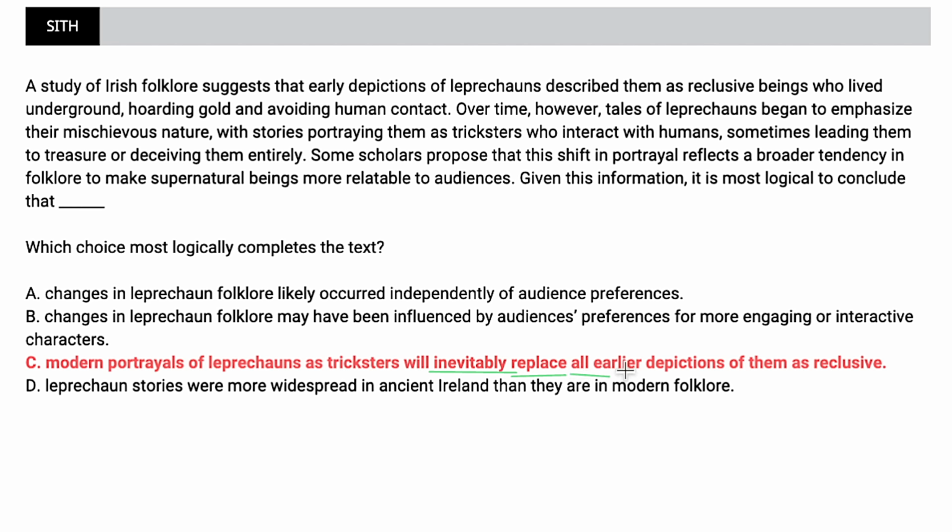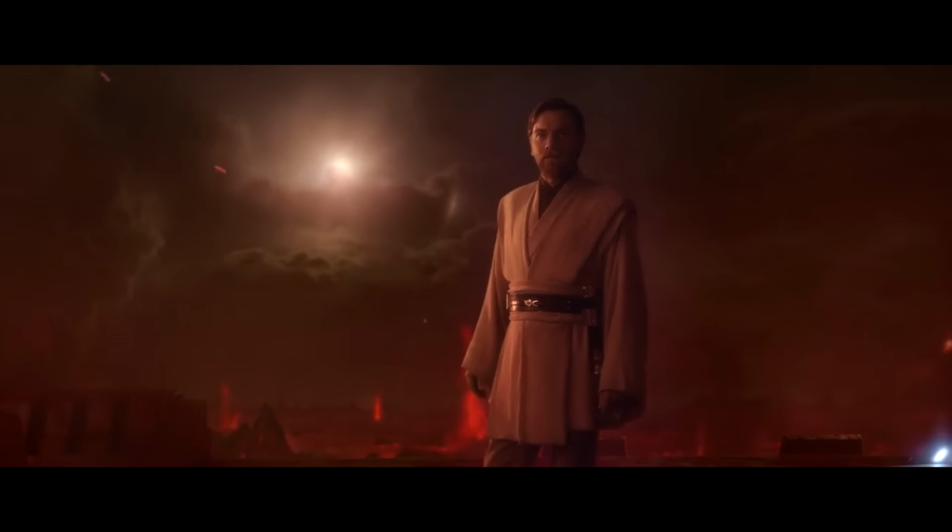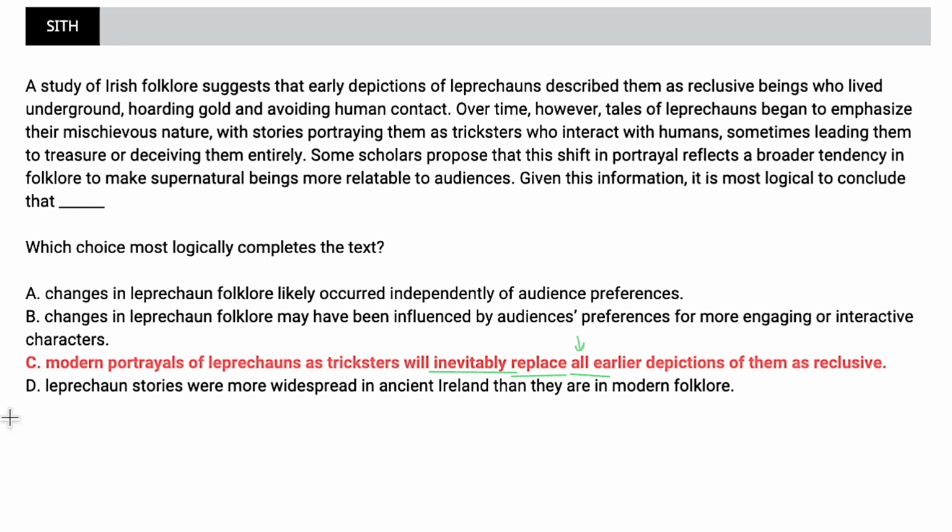If something is inevitable, it means it's going to happen no matter what. "All" is all or nothing, right? So when I talk about absolute, it's black or white. There's no middle ground. There's no nuance. It's either one way or the other, and it's extreme, right? Only a Sith deals in absolutes. So we could get rid of choice C because it's so extreme.